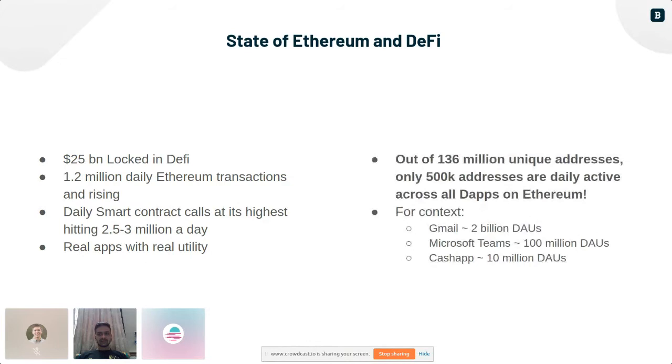So these are some stats about the state of Ethereum and DeFi since last summer. We see that the transaction volumes have been increasing. There is a large amount of interest from new users, crypto savvy users, and some things still remain big challenges like scalability, and for which we already have layer 2s, layer 1.5, and the multi-chain stuff.